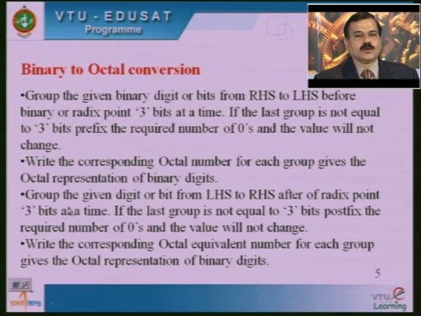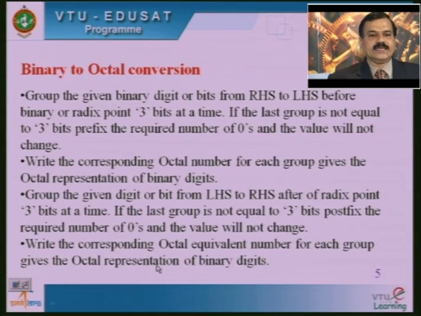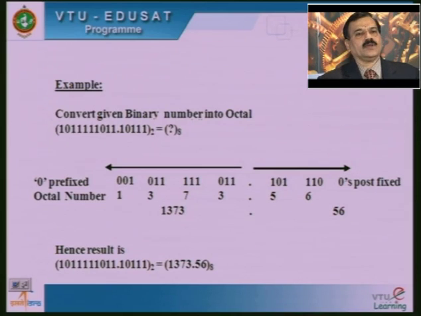The next step, group the given digits or bits from LHS to RHS after the radix point, adding the required number of zeros, and the value will not change. The last step, write the corresponding octal equivalent number for each group, which gives the octal representation of the binary digits. By following these procedural steps, let us take an example and solve.